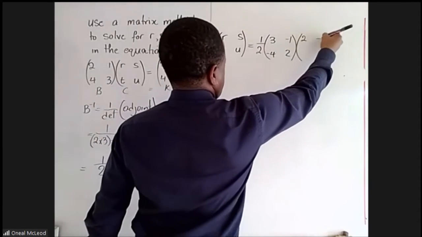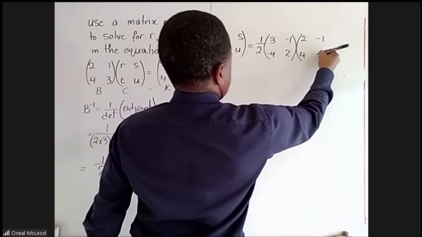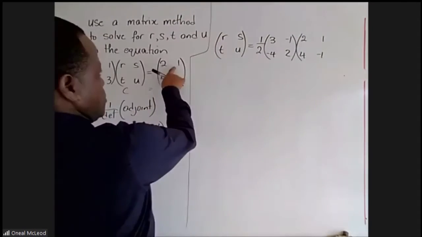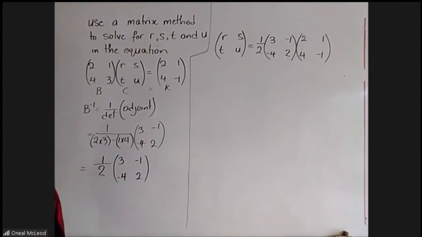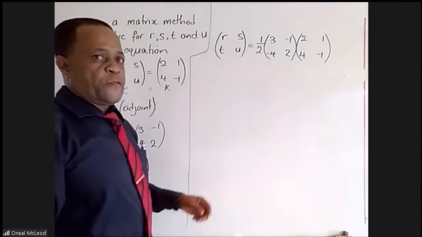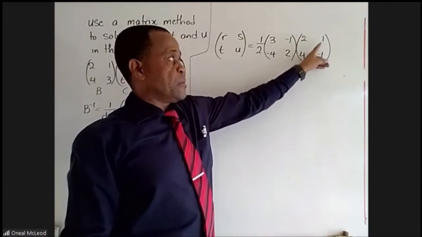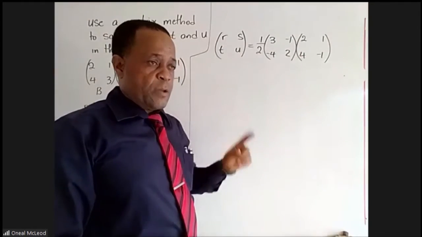So this is going to be 2, -1, 4, 1, negative 1. So we're going to be multiplying. Now, if you notice here, students, we have two columns in this matrix, so our distributing will take place 2 times.